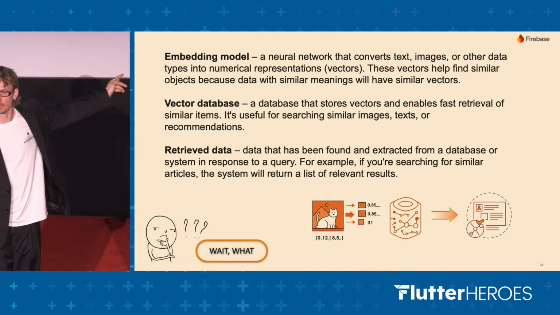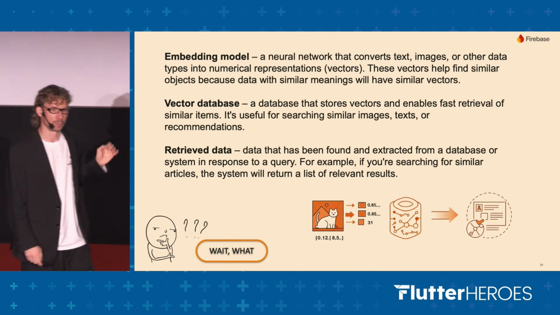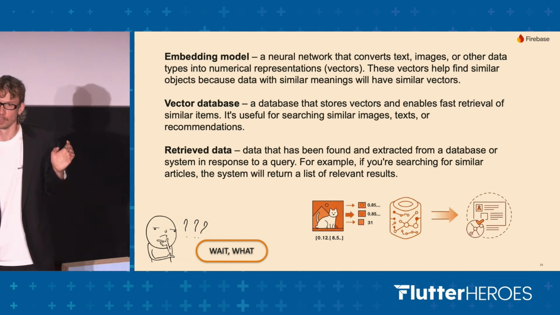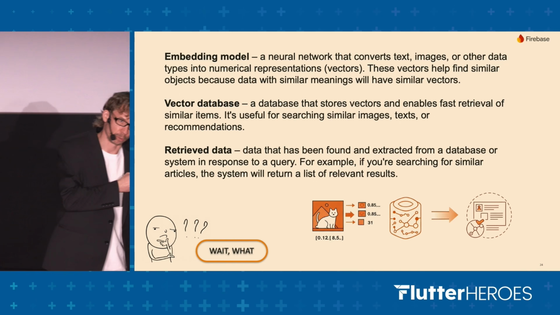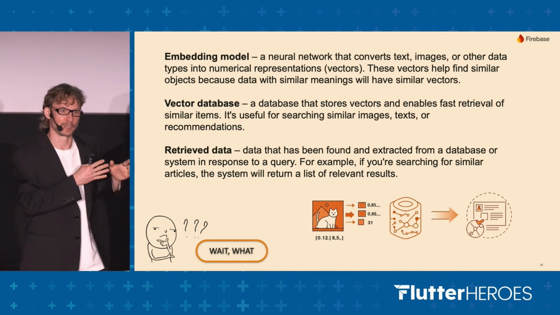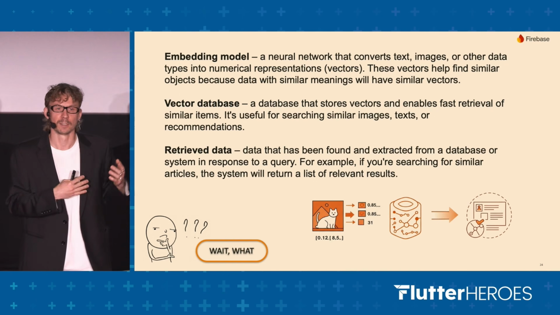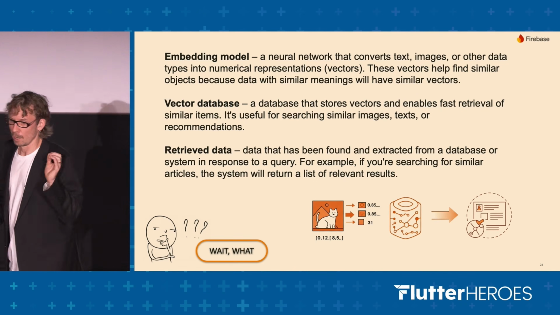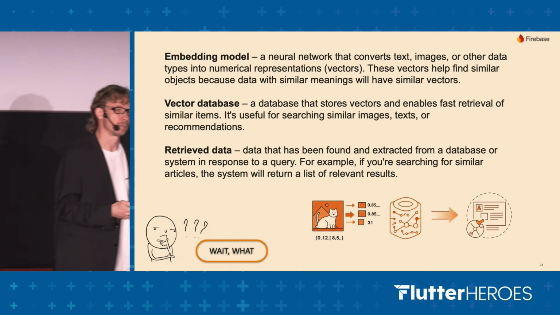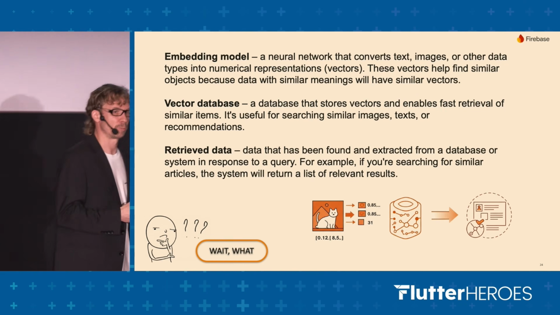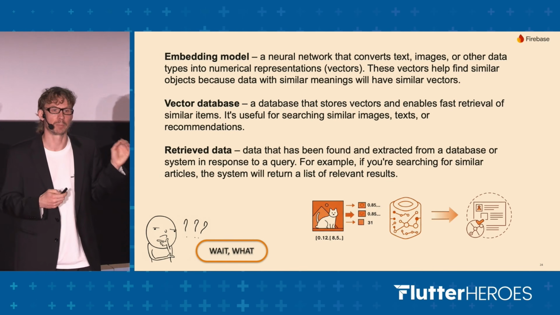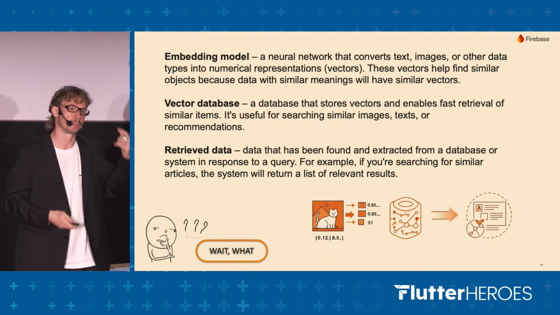Embedding model is a model that transforms your natural language to vector, to bring it close to the LLM to understand, to give the LLM understanding of what you're really asking. Vector database is a database with data transformed to vectors to give the model the opportunity to search with your data.